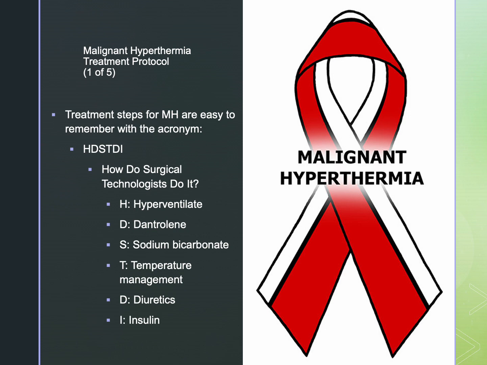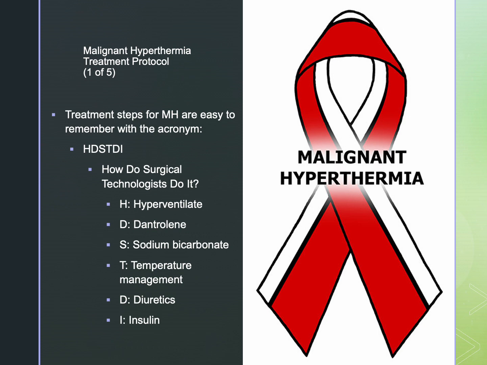So, what do we do to treat malignant hyperthermia? That's easy to remember with the acronym HDSTDI. How do surgical technologists do it? The H stands for hyperventilate. So the anesthesia care provider is going to administer 100% oxygen. This is going to help to eliminate excess carbon dioxide in the blood. D stands for dantrolene.